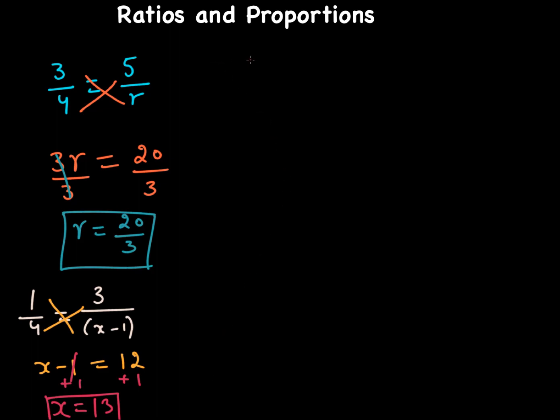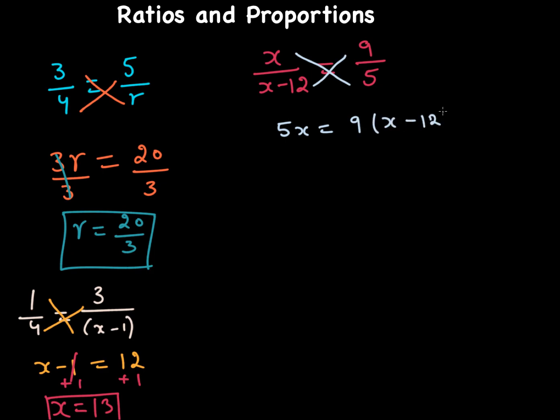Let's do one more example. Let's say you got 5 over 9 is equal to x over x minus 12. That looks a little difficult, but that's fine. We're gonna use our technique and we'll be able to solve it. Again, gonna cross multiply the numbers. So 5 times x is 5x, and on the right hand side you're left with 9 times x minus 12.